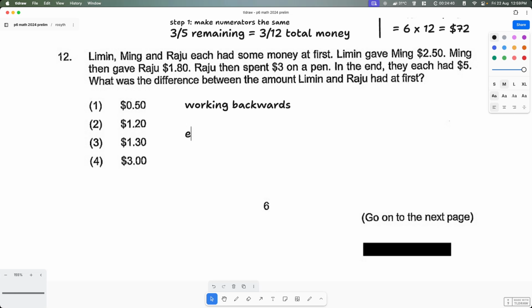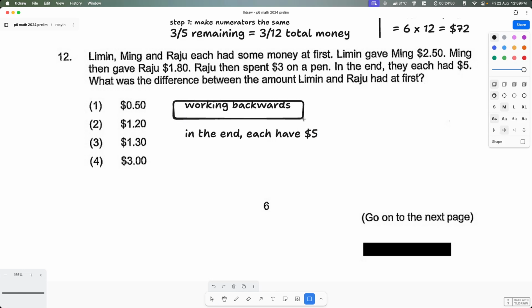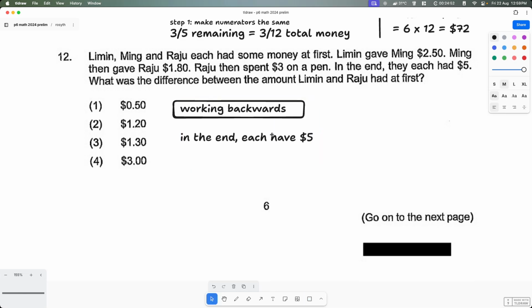So we know that in the end, each have $5. So that means at first, Raju before buying the pen is equal to 5 plus $3, which is $8.